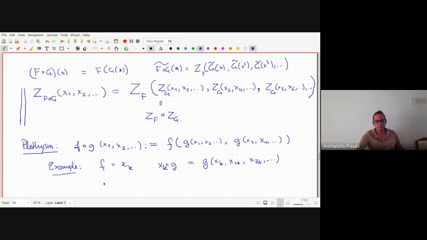And similarly, G circle xk means you're putting xk here, x2k here, x3k here. So xk circle G and G circle xk are equal.